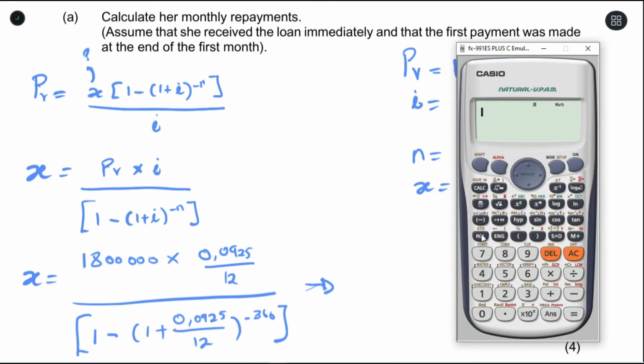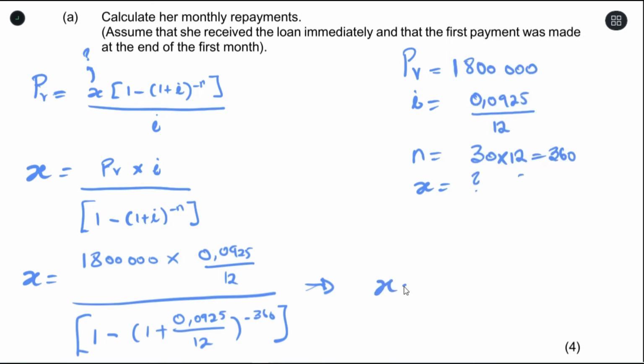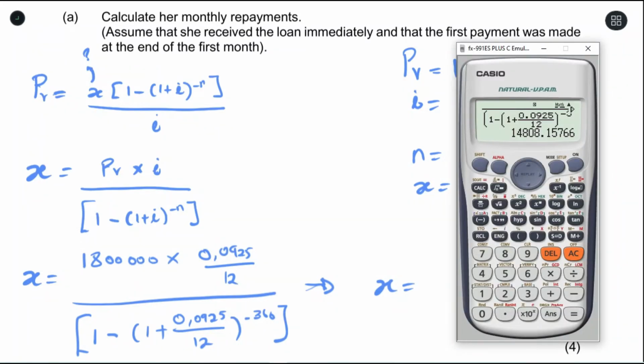We'll get, so the answer would be 14808.16.